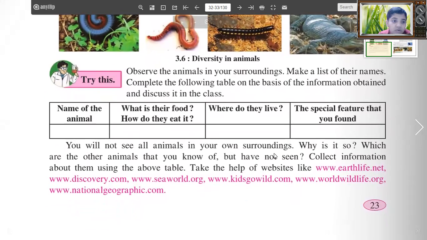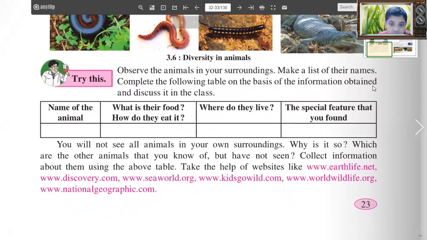Why is it so? Which are the other animals that you know of but have not seen? Collect information about them using the above table. Take help from a website like www.